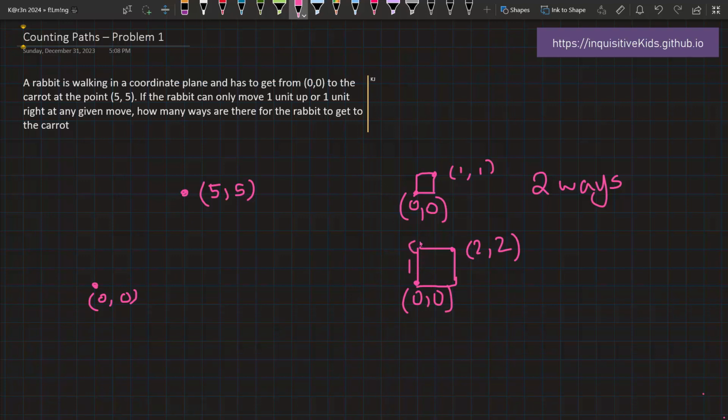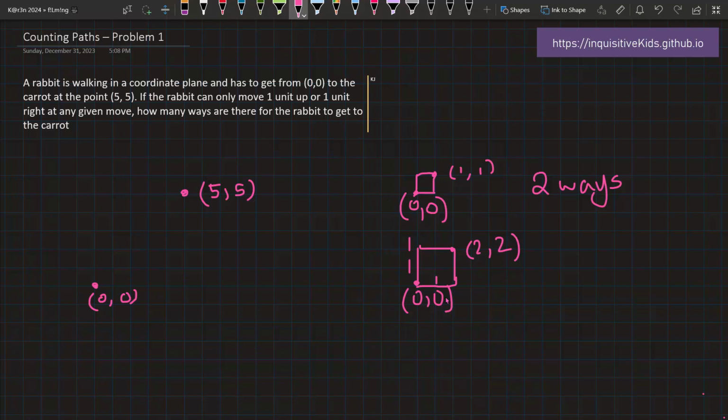Now, what about this corner? The only way for the rabbit to get to that corner is if it traveled up 2 times. So there's only one possibility for the rabbit to get onto that point. Now if we look at this point right here, the only way for the rabbit to get to that point is if we travel 1 unit right from the origin. So there's one possibility for that.